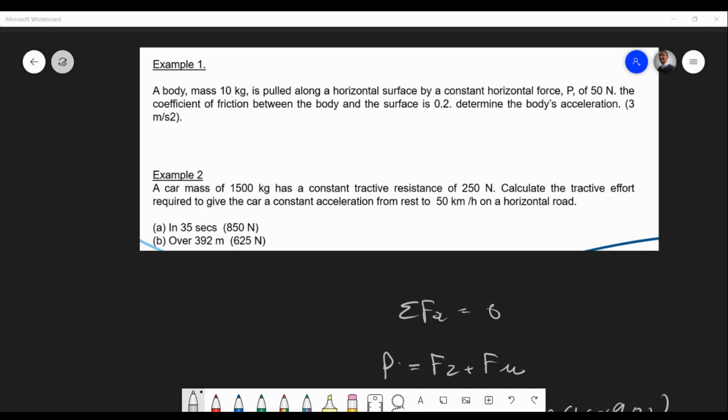Of course, you're not worrying about resistance over here because it's considered in the tractive resistance as well. I get 850.